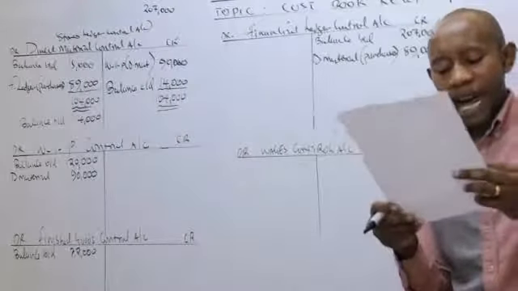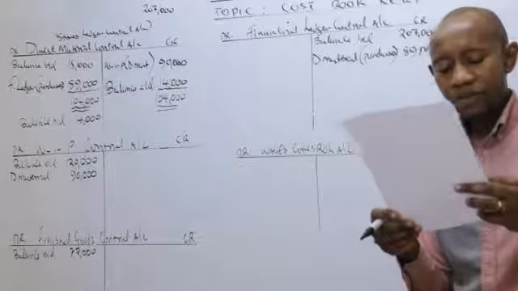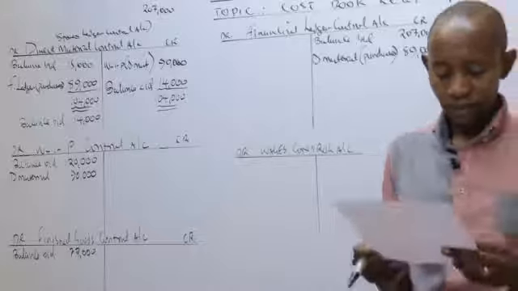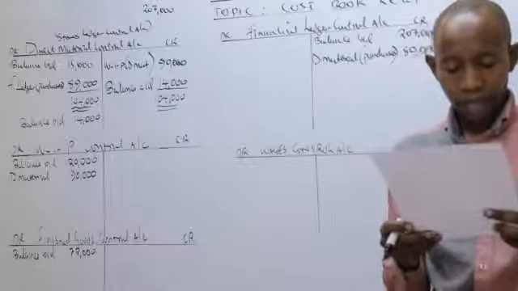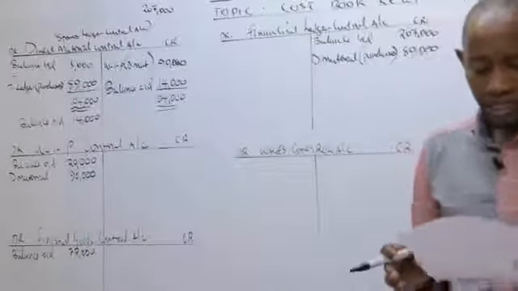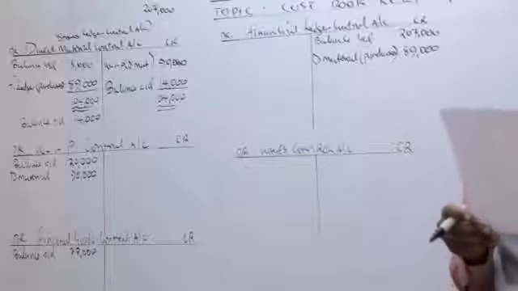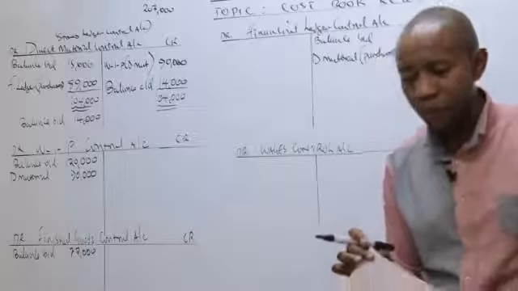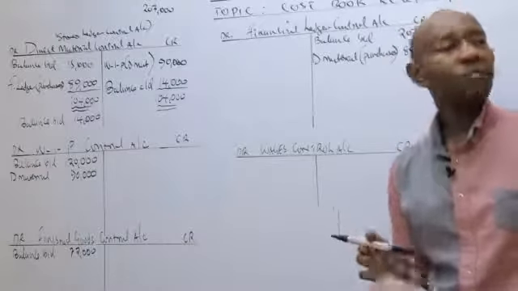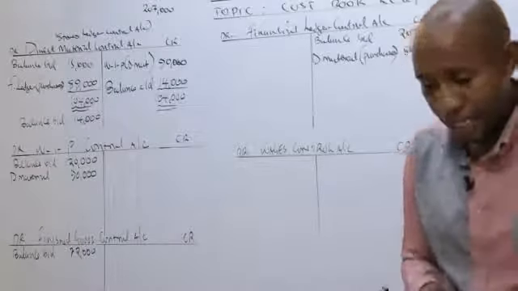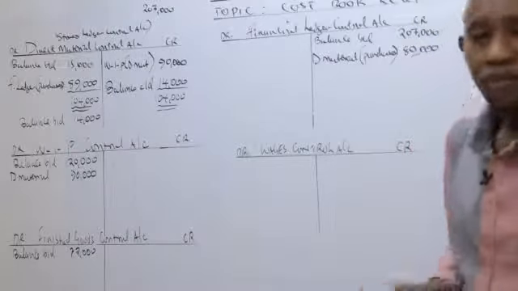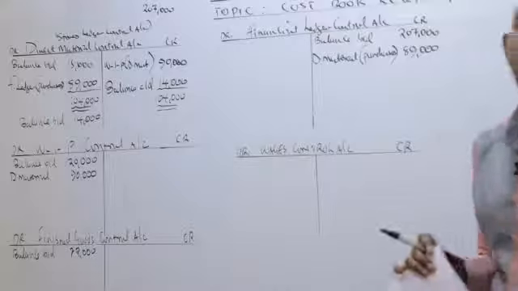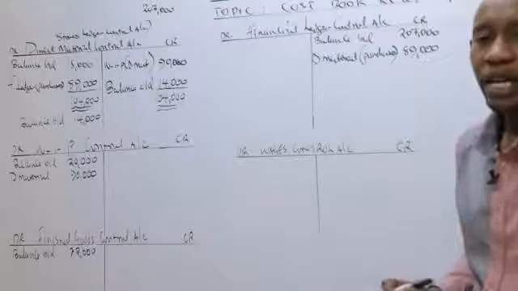We have 102 and we have 56. All those two transactions relate to wages. So add them, that will give you a total of 158. The same thing we did for material, we do for wages.